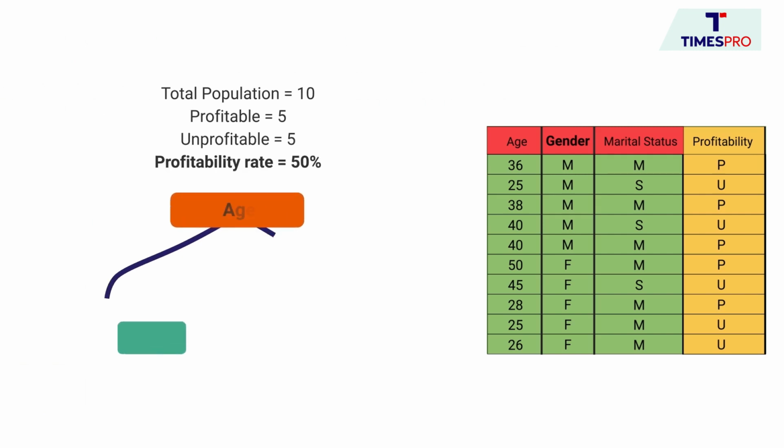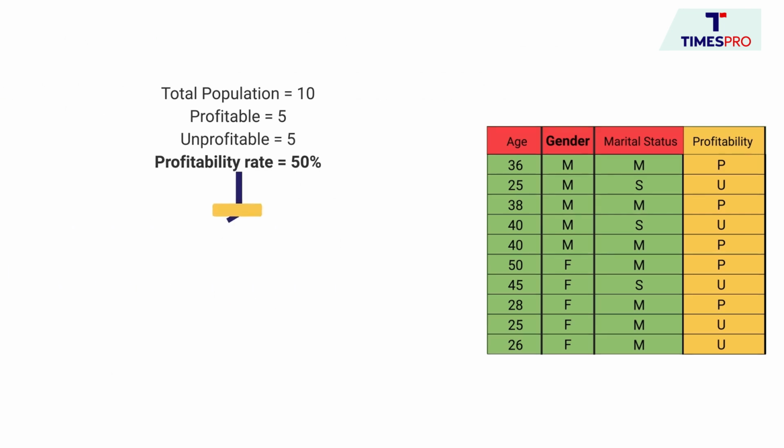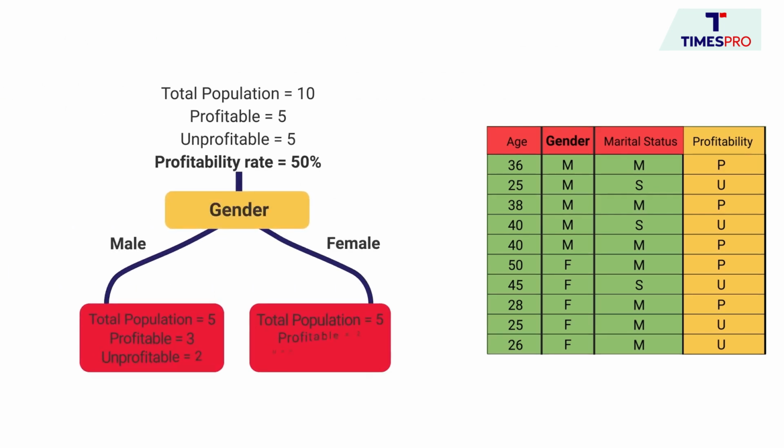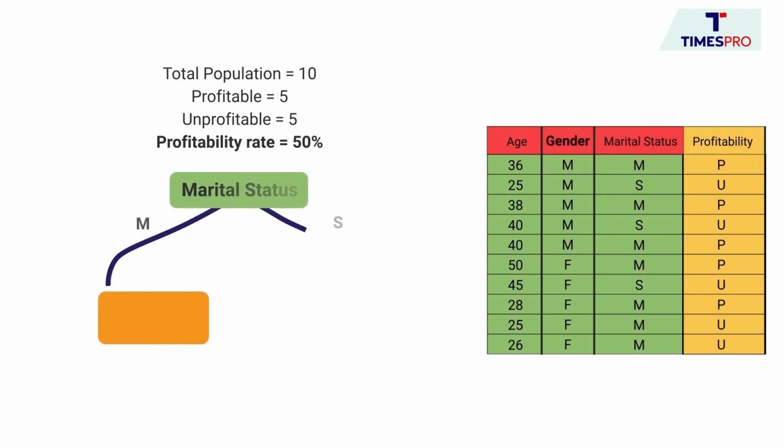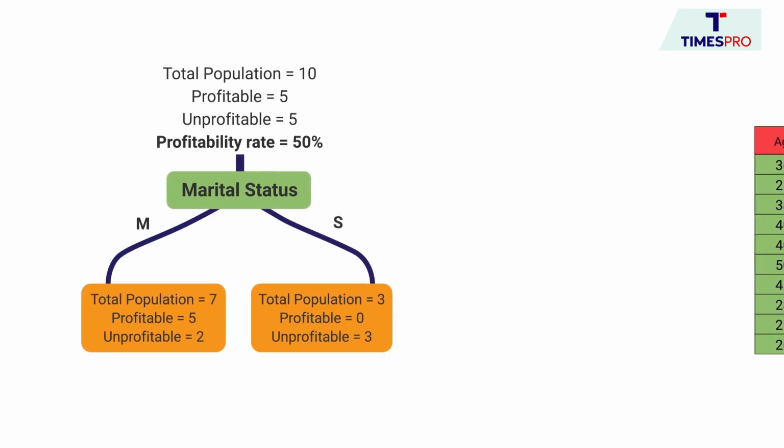This is how our decision tree would look at the root node when we start splitting on age. This is the decision tree when we start splitting on gender to start off, and this is the decision tree we get when we start splitting on marital status.